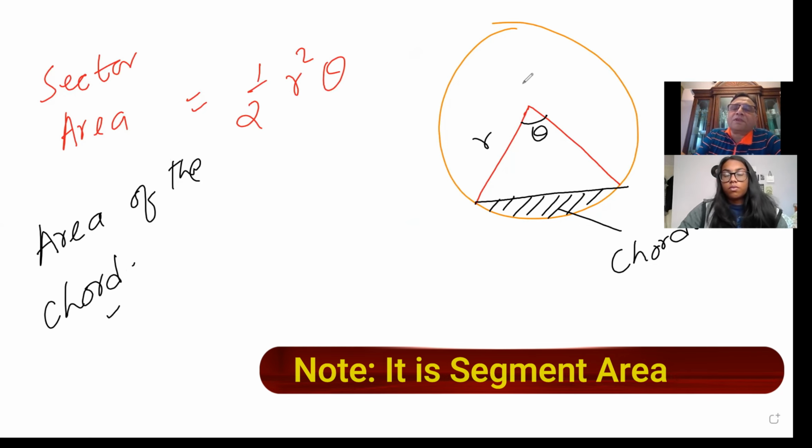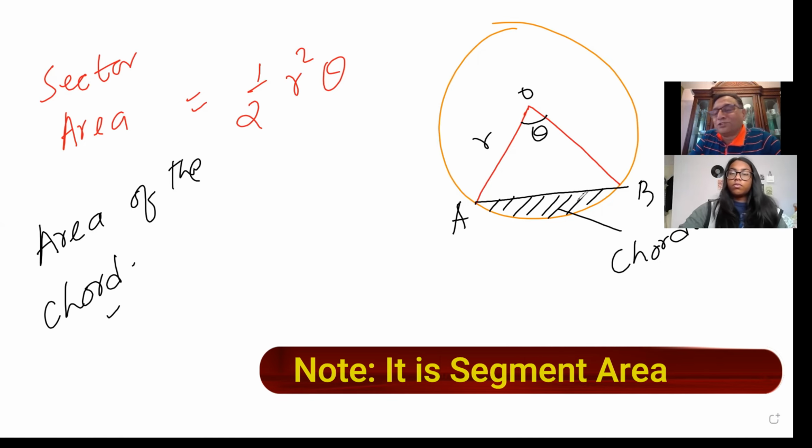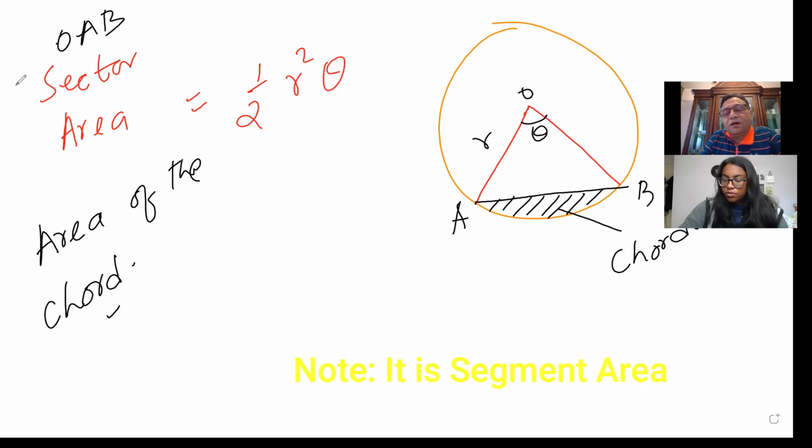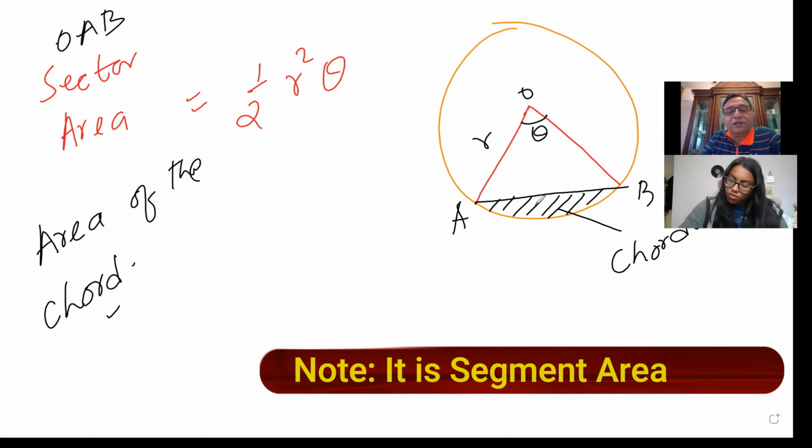Well, clearly, if AB is the chord, AB is also the arc, so OAB is the sector. So we are talking about the sector OAB. Now, I have to find the area of the chord. So what do you think is the area of the chord?